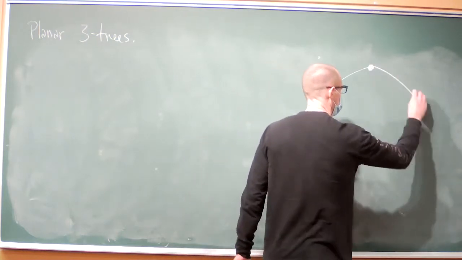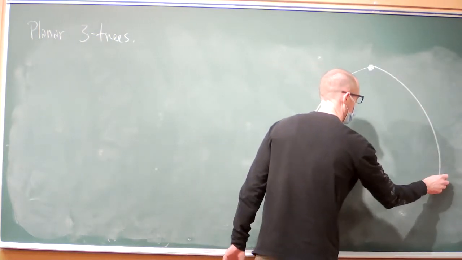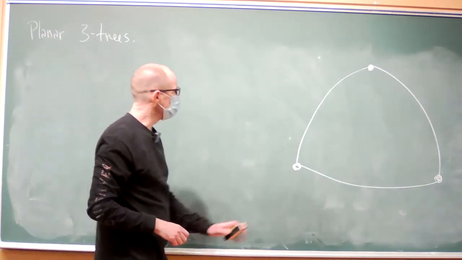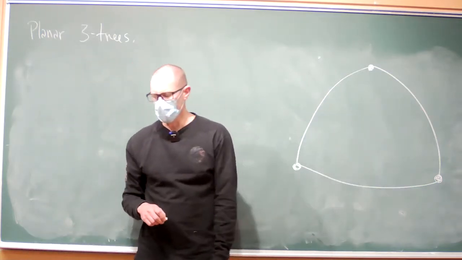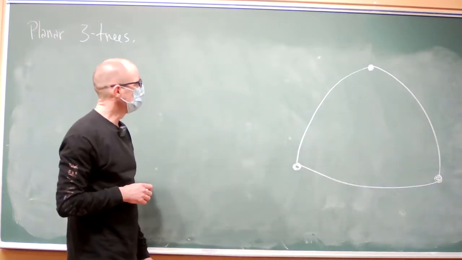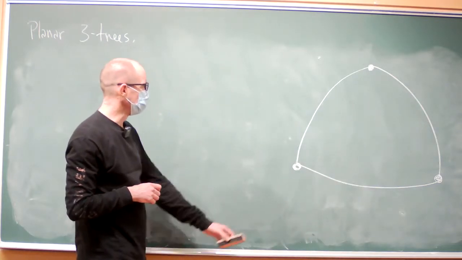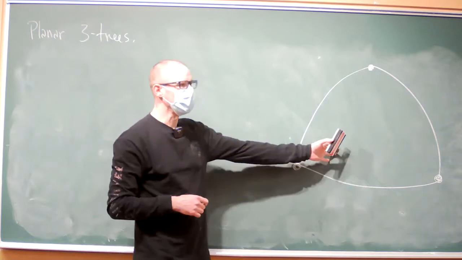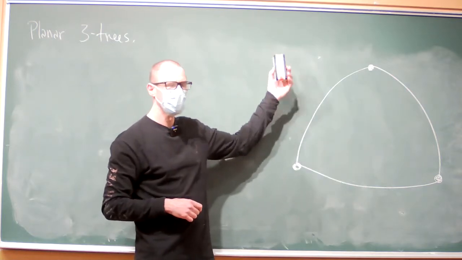You start with a cycle on 3 vertices. So it's a planar graph, meaning that you can draw its edges without any crossing. So you start with this cycle on 3 vertices like this. And if you draw it without the edges crossing, then there's an inside and there's an outside.